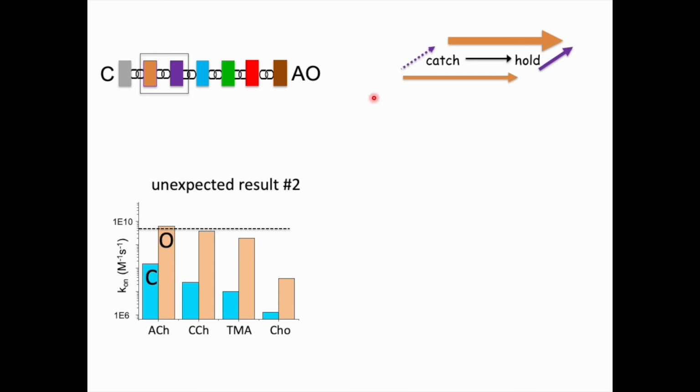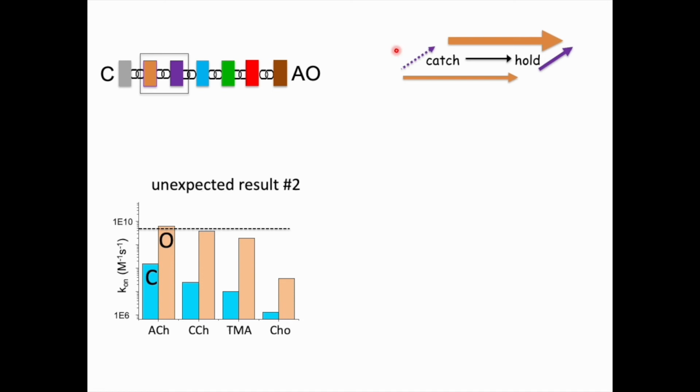And the idea is shown in this thermodynamic cycle to the right, which is this line at the bottom is the catch conformational change, and this purple line here is the hold conformational change. And in Chapter 3, we show that the catch event lowers the transition state for the hold event so that hold can take place. So that hold very rarely takes place without catch happening. That's given by this dashed line.